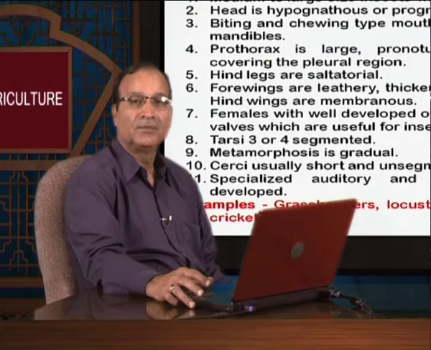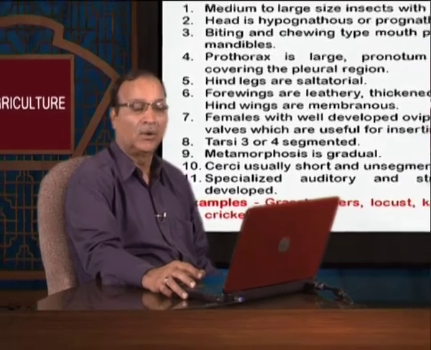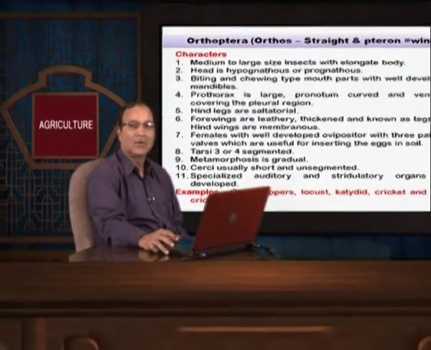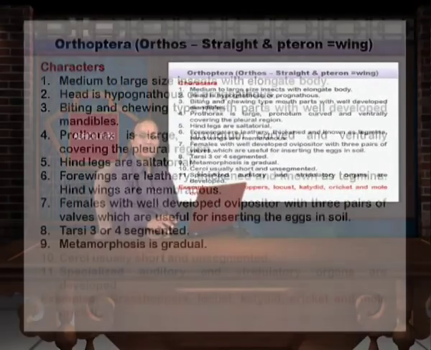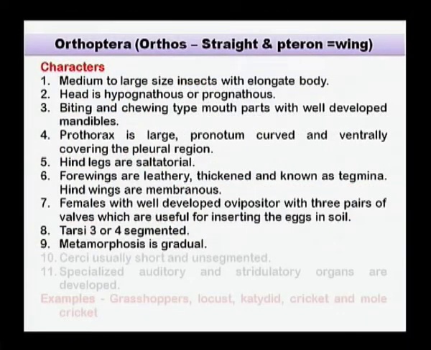Tarsi are 3 or 4 segmented. Metamorphosis, that is the changes from hatching of the egg to the adult, is of gradual type. It means the metamorphosis is slow, or cannot be seen very clearly. The changes are very slow.